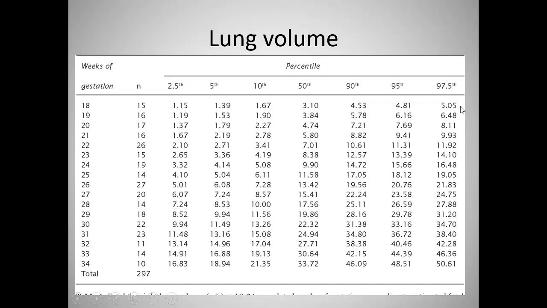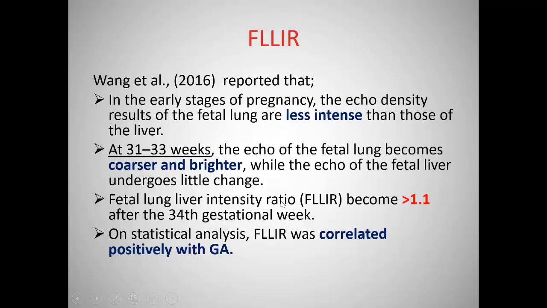So there is a very wide range according to the gestational age, and usually they do this up to 34 weeks, because after 34 weeks usually the lung starts to mature, and after 37 weeks usually the lungs are mature, and we have to look for other signs that we have stated before.